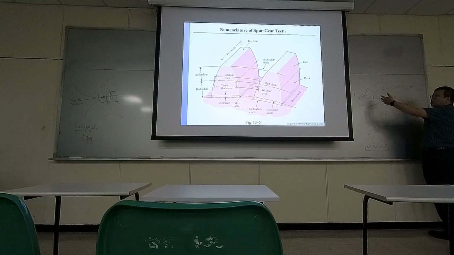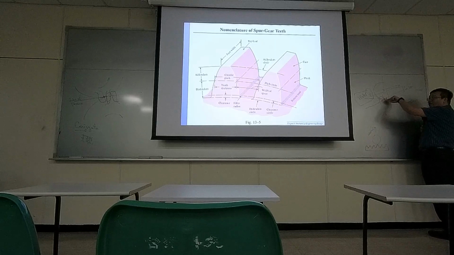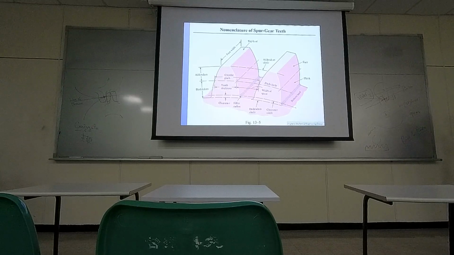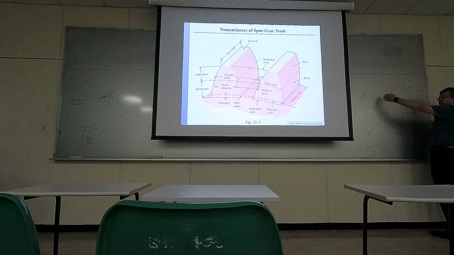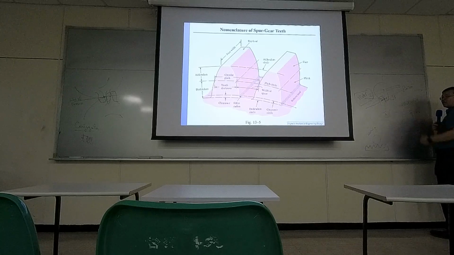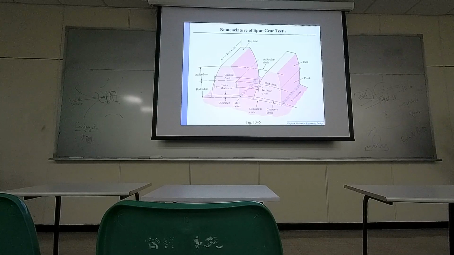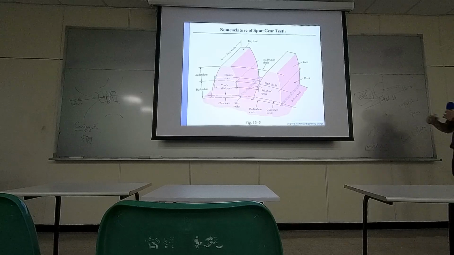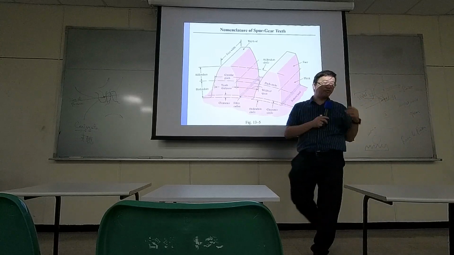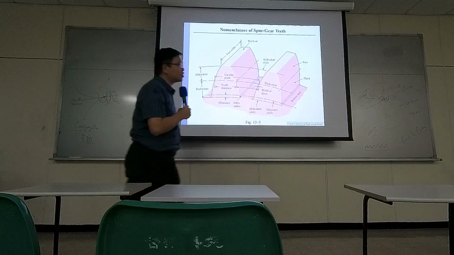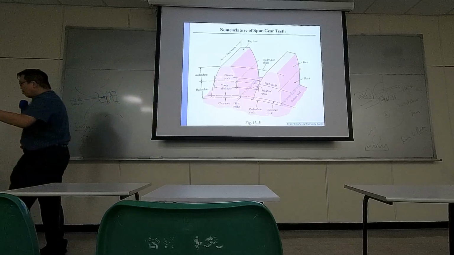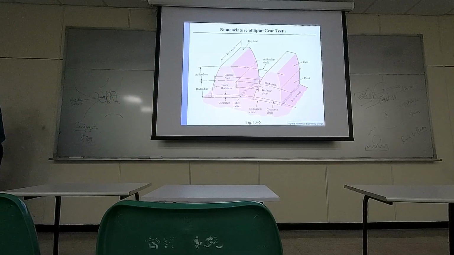By doing so, you can estimate how much force is applied at the tip of the tooth. Then you know how much force is driving this shaft system. Okay, so in this course we care about the direction of the force, the position of the force, and how it's related to the driving power.